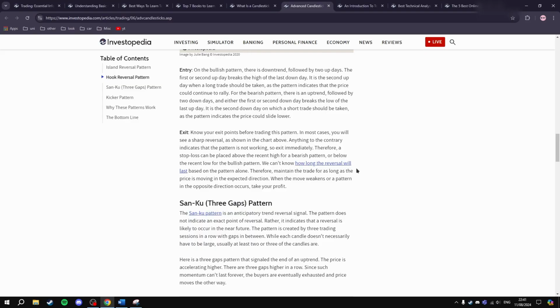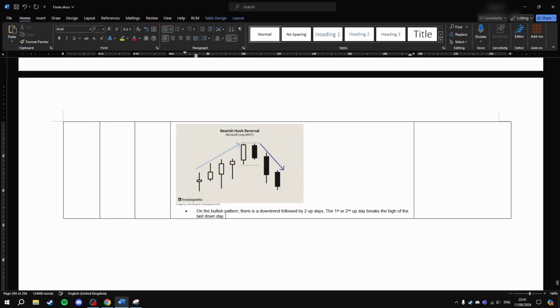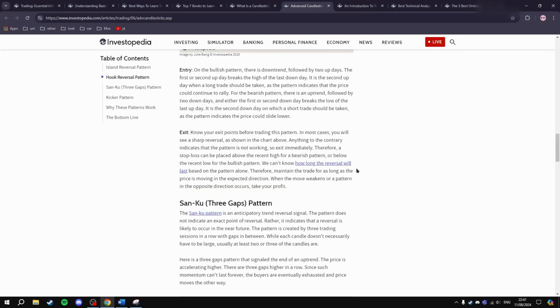It is the second up day when a long trade should be taken. Take a long trade at the second up day, at the second green candle, as the pattern indicates that the price could continue to rally.